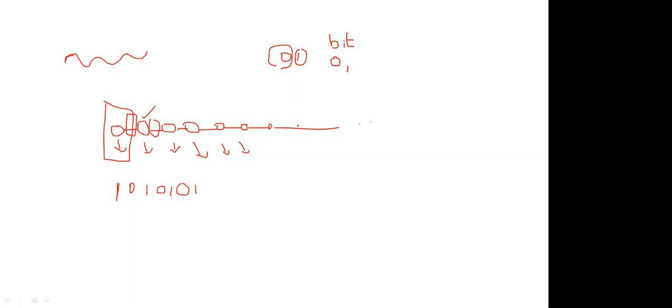If you write them continuously, like 0, 1, 1, 0, this is a bit string. Zeros and ones are bits, and this is a bit string.